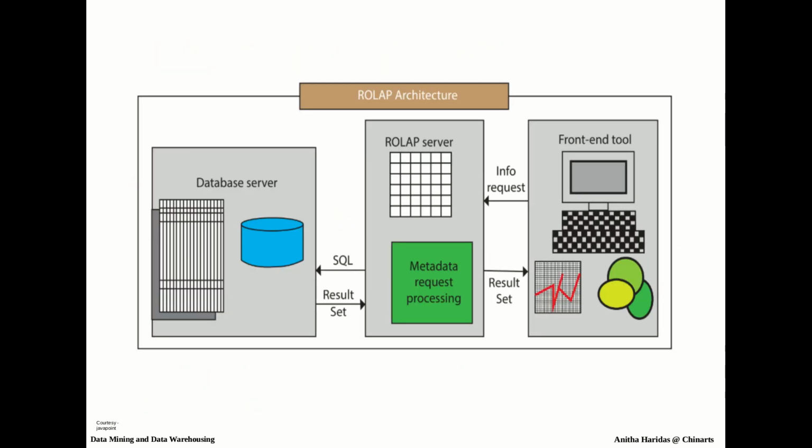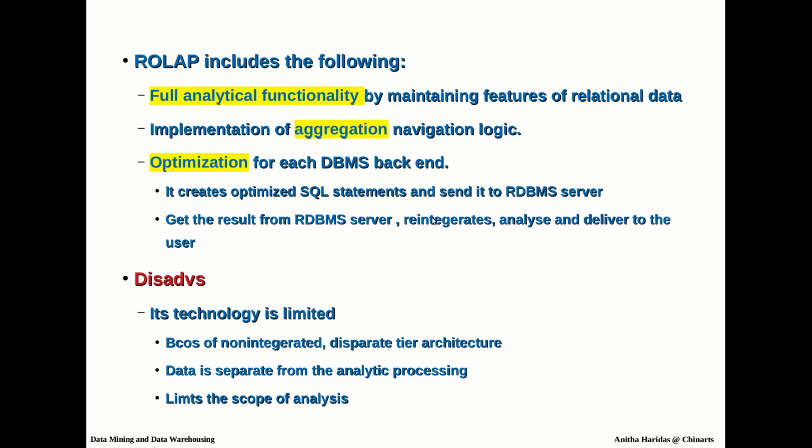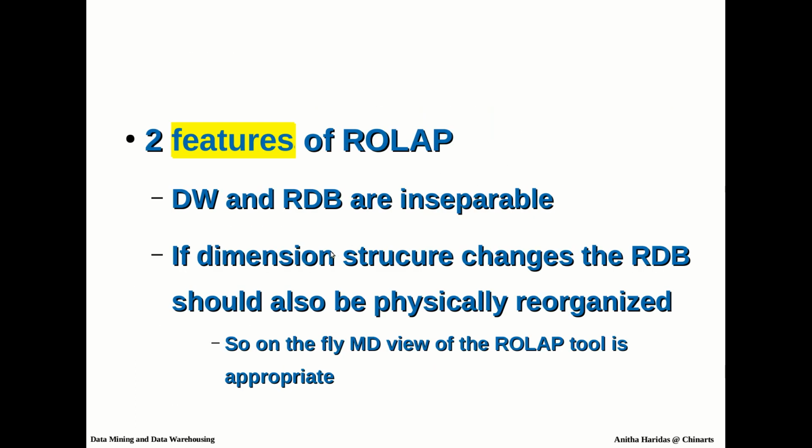But here, the data warehouse and the relational database are inseparable, because every time the data needs to be retrieved only from here, and there is no multi-dimensional data stored here. So that is another disadvantage. So it becomes inseparable, and whenever the dimension structure changes, the relational database should also be physically reorganized.